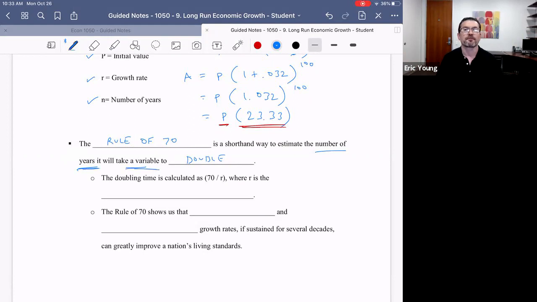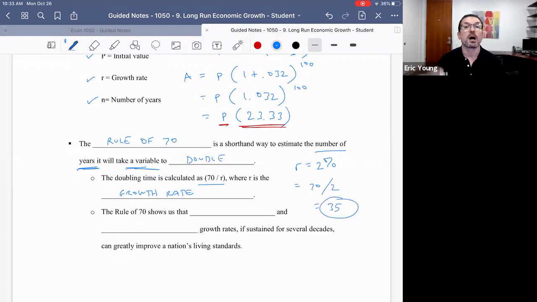The basic formula is that doubling time is equal to 70 divided by R, where R is the growth rate. So if you have an economy growing at 2%, the rule of 70 says you take 70 divided by 2, which equals 35.